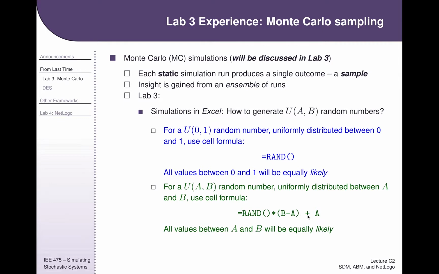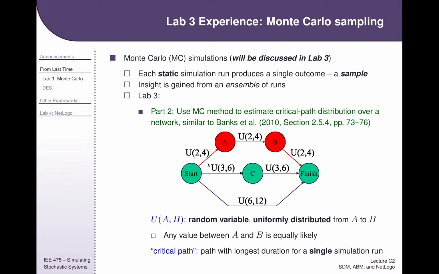And then you shift it up by the lower part. So if this was U(5,6), then this would be RAND times (6 minus 5) plus 5. And that 6 minus 5, of course, would just be a 1, so effectively it's just RAND plus 5. That should make sense: if RAND generates a random number between 0 and 1, then RAND plus 5 would generate a random number between 5 and 6. So this is the formula you need to use in order to implement each one of these.